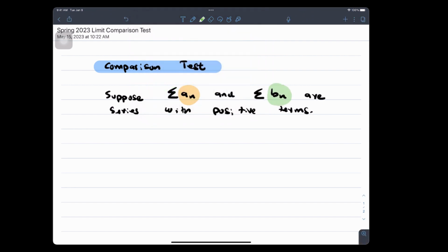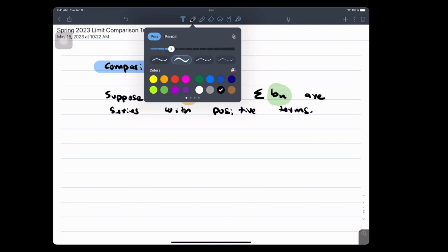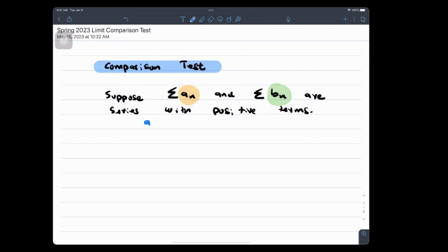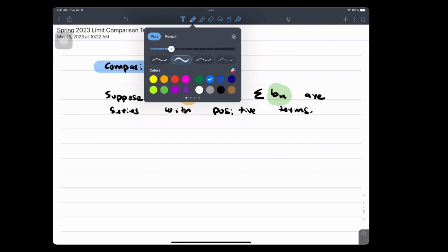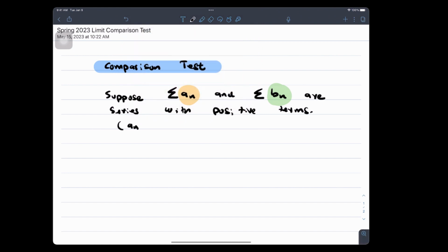Now, what that means is that both have positive terms: a_n is greater than 0 for all n, and b_n is greater than 0 for all n. So that's what the assumption is. They just have all positive terms, meaning they're greater than 0 for every term.